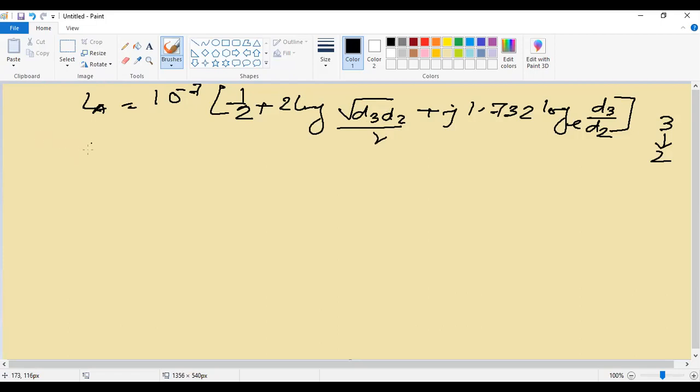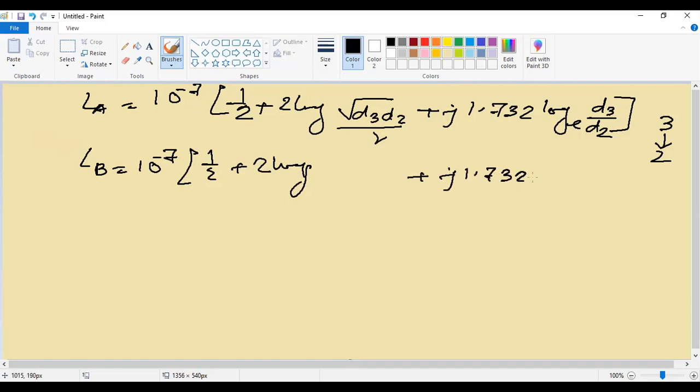Now LB equals 10 to the power minus 7 times half, plus 2 log. We'll not write anything here. Here we will write j 1.732 log of. So the 3 2 term is over. Now the term will come for 1.